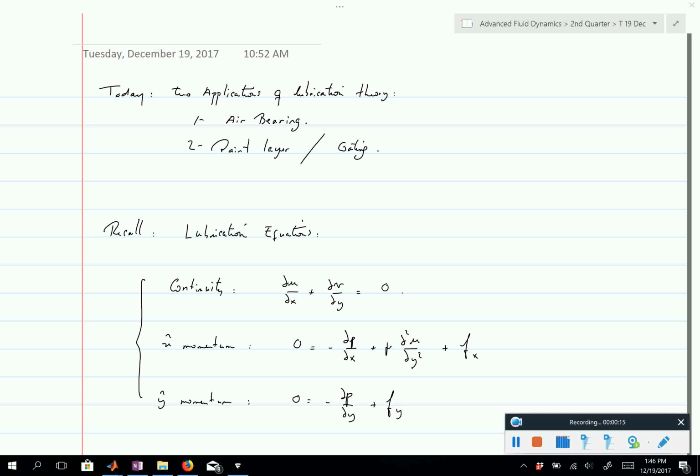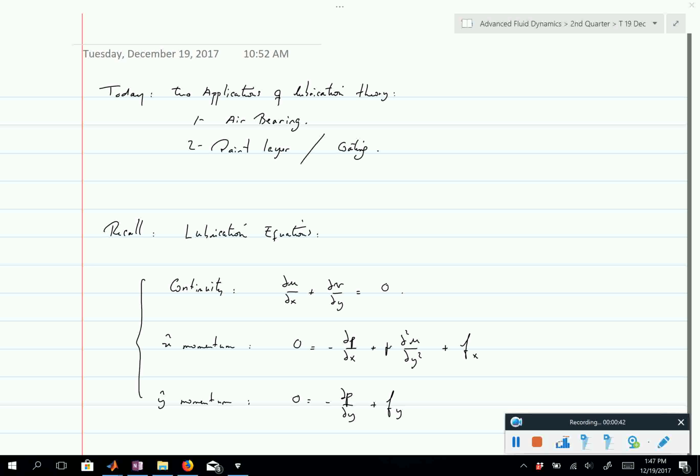Okay, so what we'll do today is two applications of lubrication theory. Last Friday we simplified the Navier-Stokes equation in the lubrication approximation. Lubrication approximation is an approximation when you have a thin film of fluid, so you have a larger length scale in the flow direction and a shorter length scale across the flow direction.